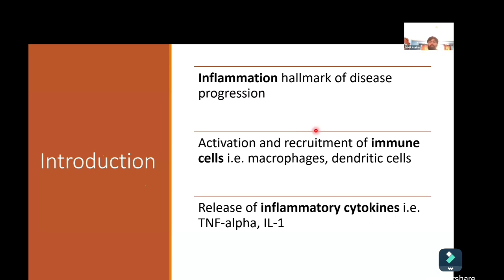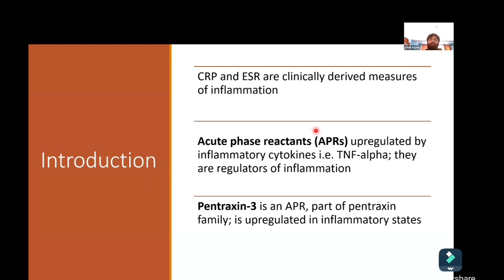In inflammation, immune cells such as macrophages, dendritic cells, and neutrophils are recruited, and those immune cells then release inflammatory cytokines such as TNF alpha and IL-1, which mediate their inflammatory effect via recruitment of other immune cells or via cell killing. And in clinical practice, we have several modalities that can measure this level of inflammation.